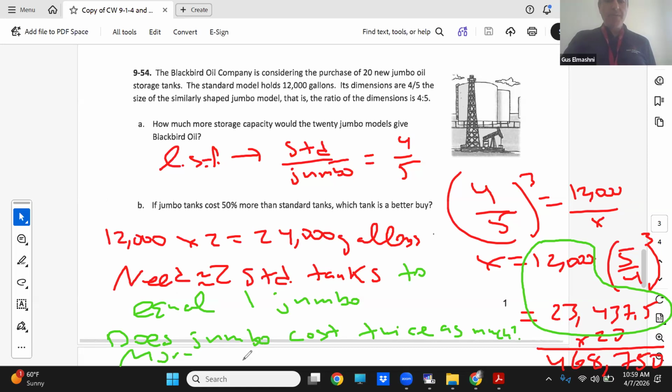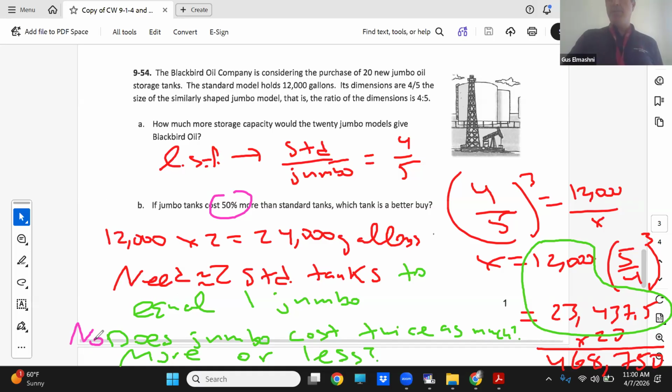More or less? So it doesn't cost twice as much, because how much more did it cost? Let's say if a standard costs $1 million, the jumbo costs 1.5 million, right? So no, it doesn't cost twice as much.